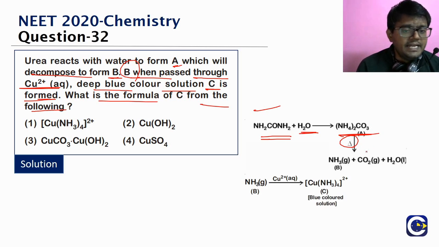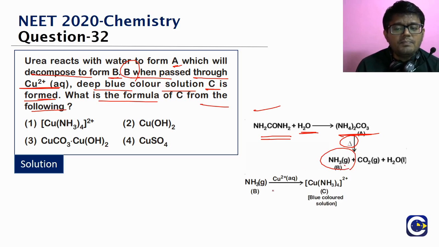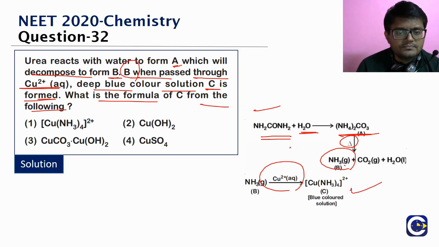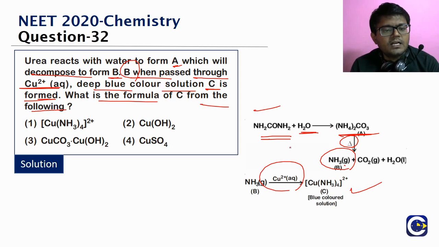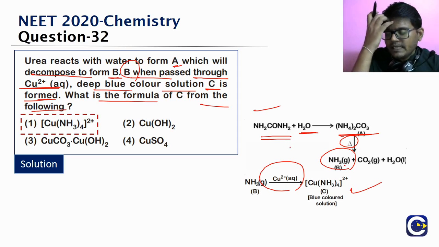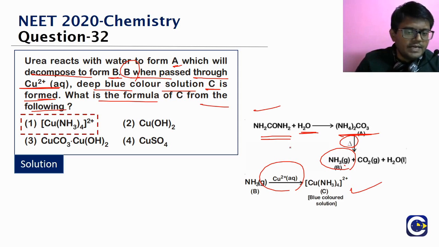When we decompose it, what are we going to get? We will see the liberation of the ammonia gas. So A is ammonium carbonate, and B is ammonia gas. B, when we pass it through a solution of cupric ions, we will get the blue colored solution, [Cu(NH3)4]2+. So what is the formula for the C complex? It is option 1.